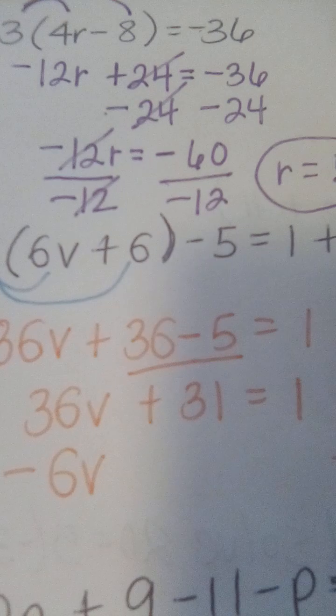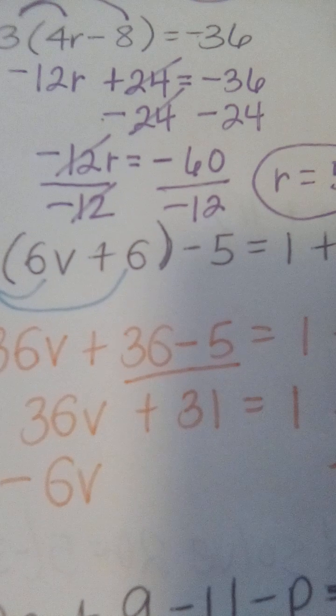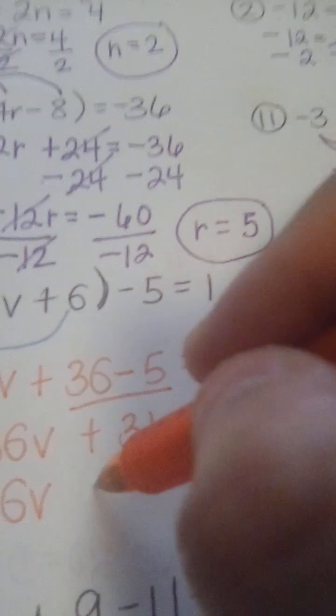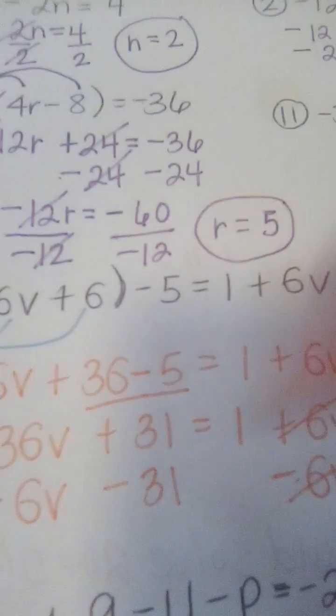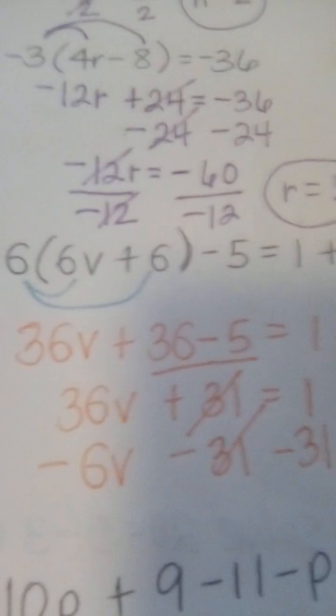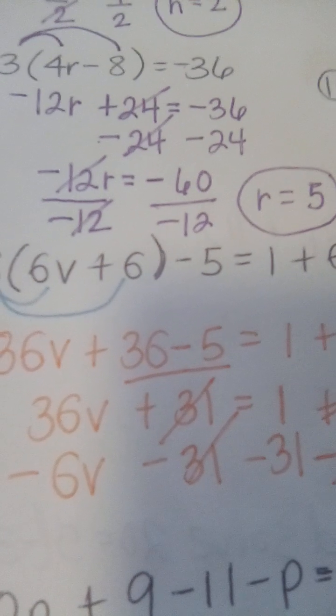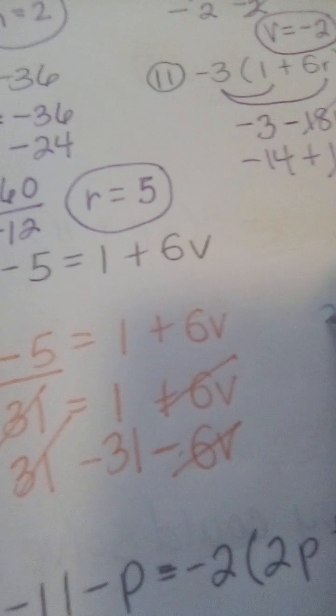Do we add 31 or subtract 31? Subtract 31. Do the opposite on the other side. This will cancel out completely. We have 36v minus 6v. That gives us, I believe, 30v. Hold on. One second. 30v. I'll move this up to here.